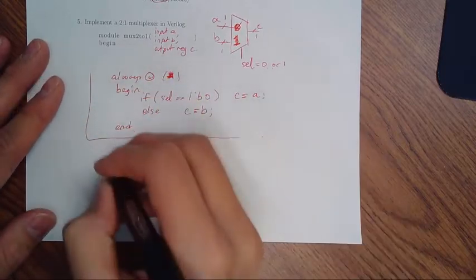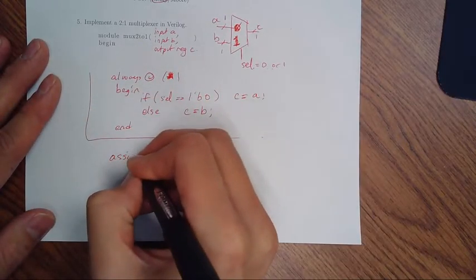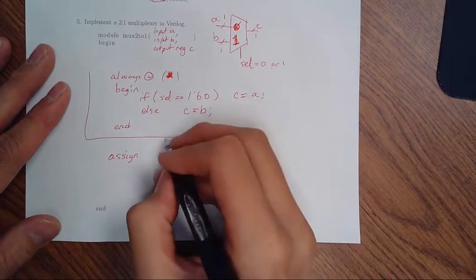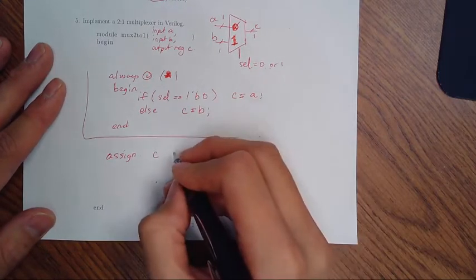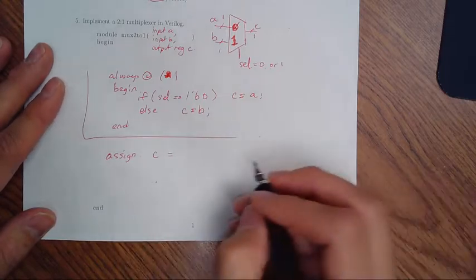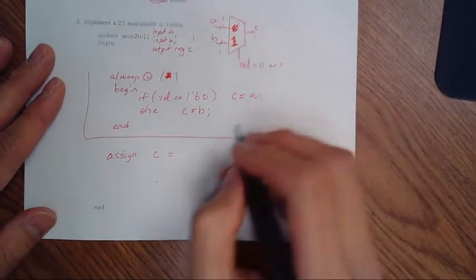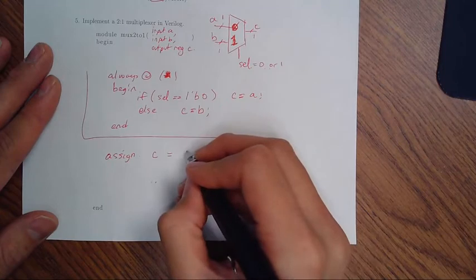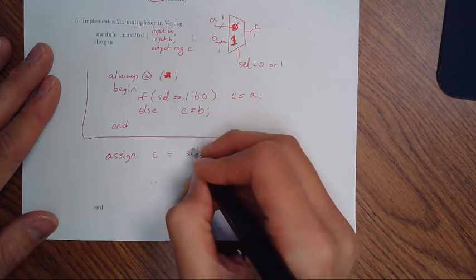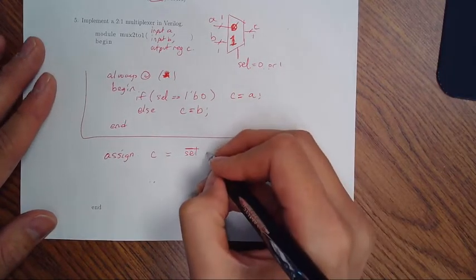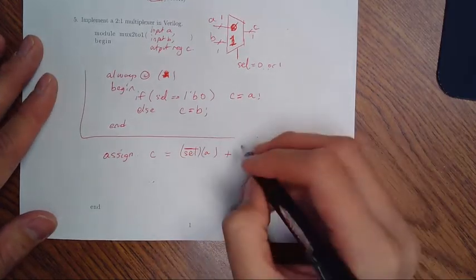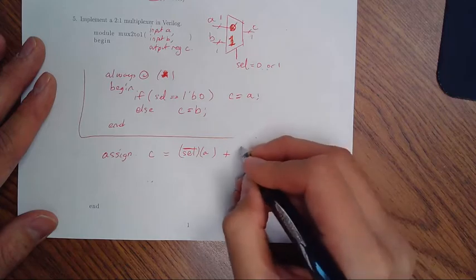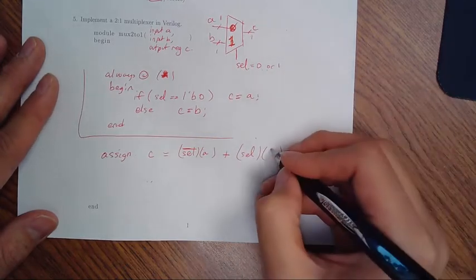So aside from this, I think someone had an assign, and they said assign C equal to select bar and A, or select and B.